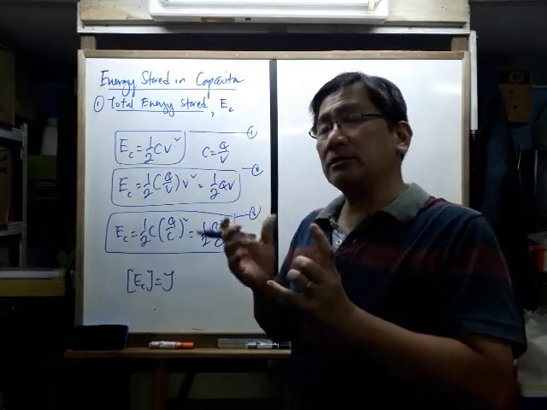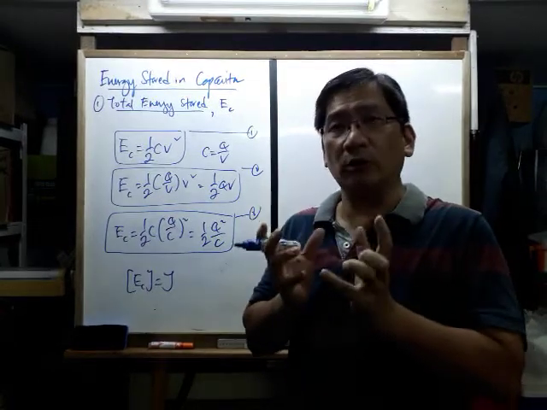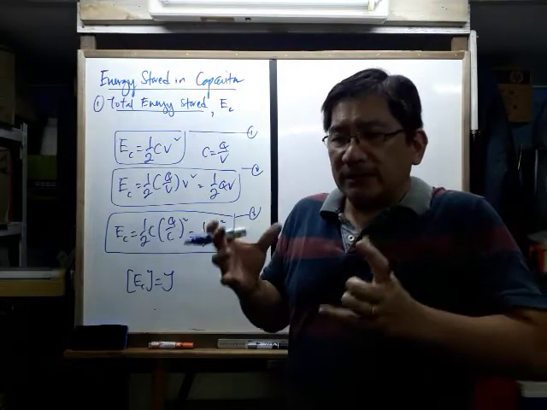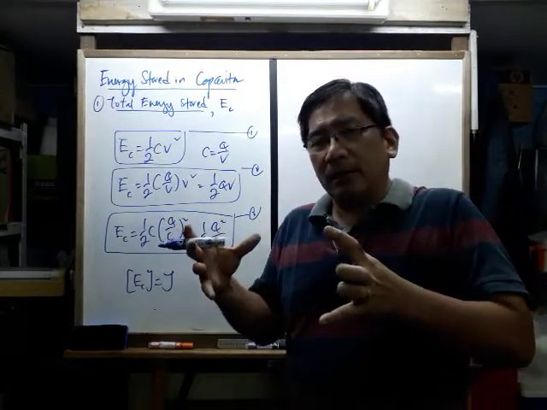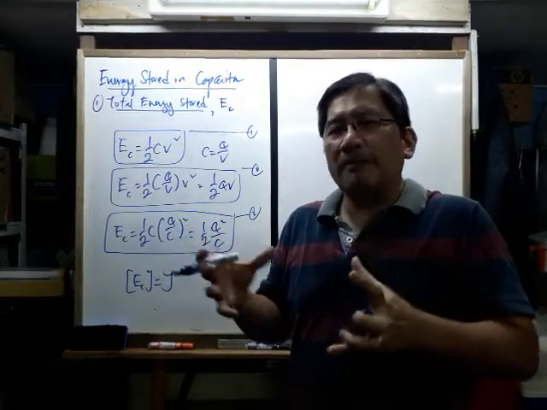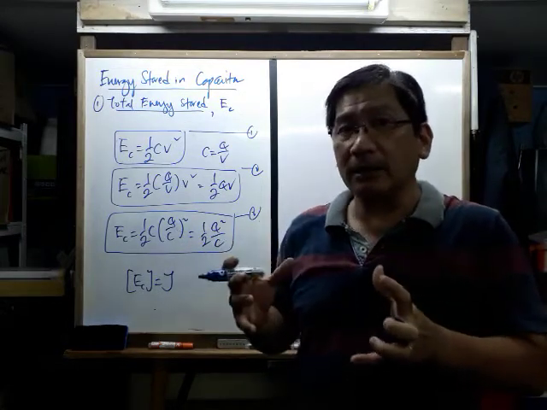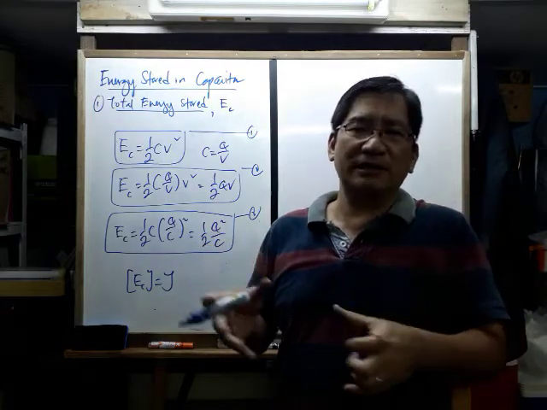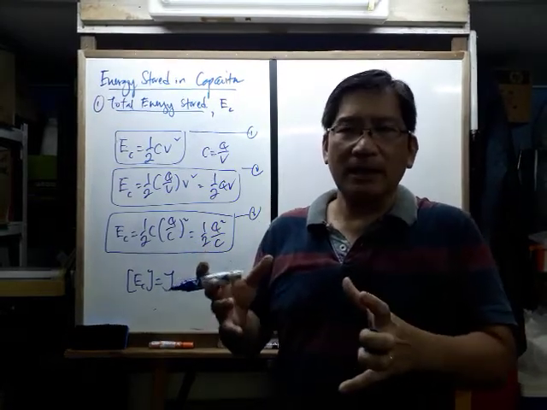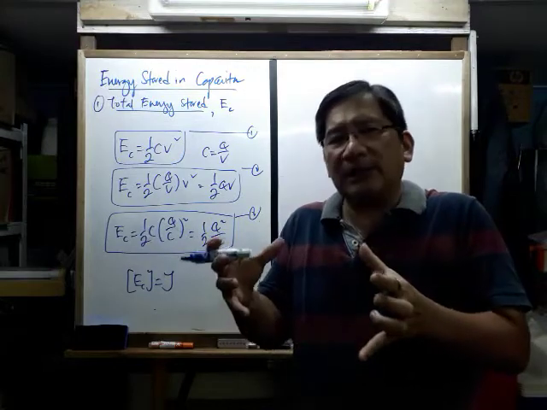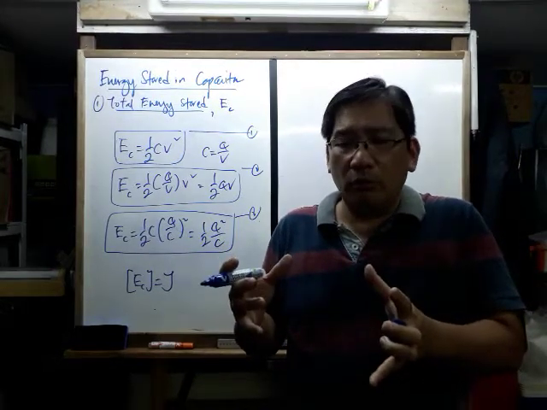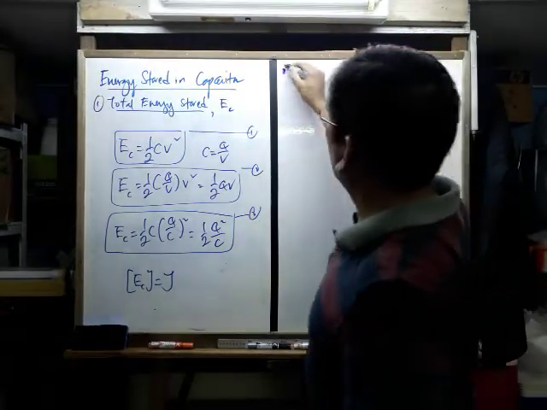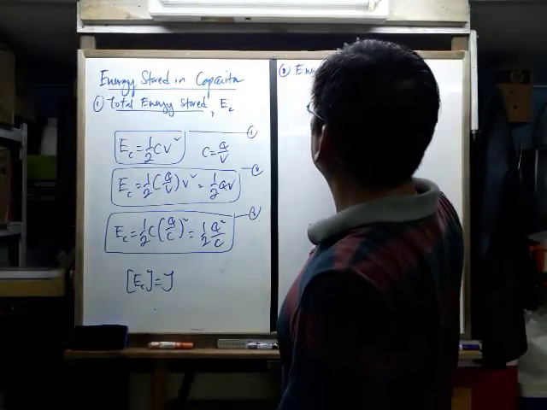The purpose of using energy per unit volume, which is called the energy density, is so that if you are given a certain amount of space, you know how much energy you can cram into the capacitor. That is more useful because sometimes you, as a scientist or engineer, are asked to design a system, and you are allocated a certain amount of space, so you need to know what is the best capacitor option that you can have. So that is the second one we call the energy density.